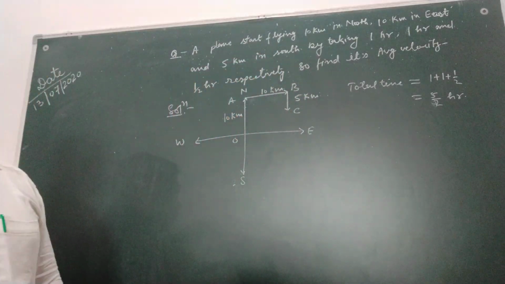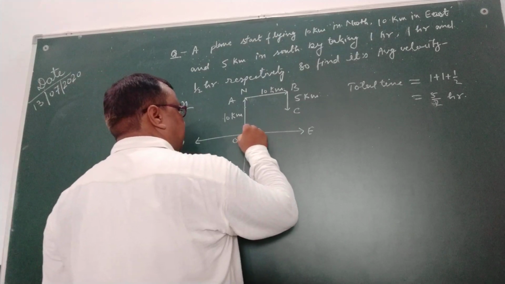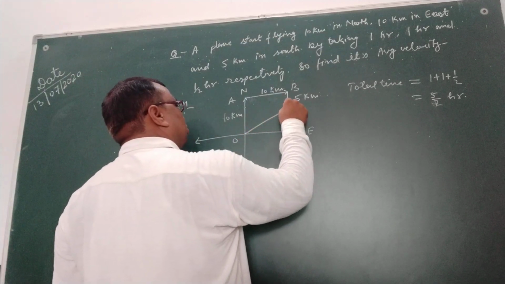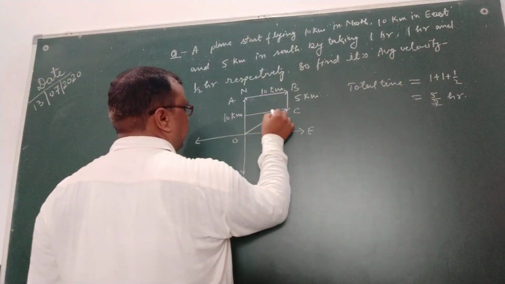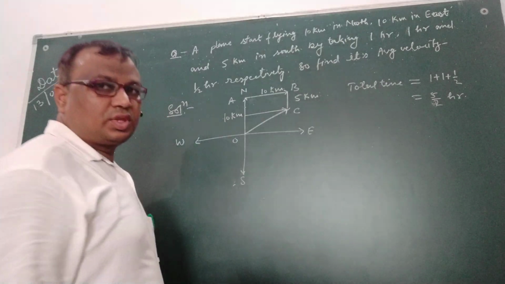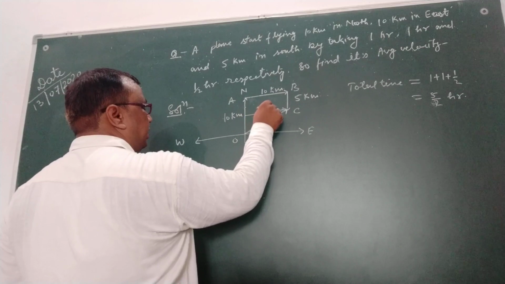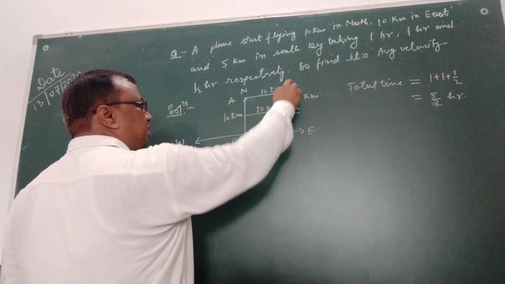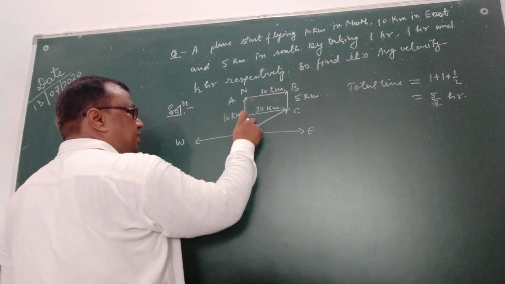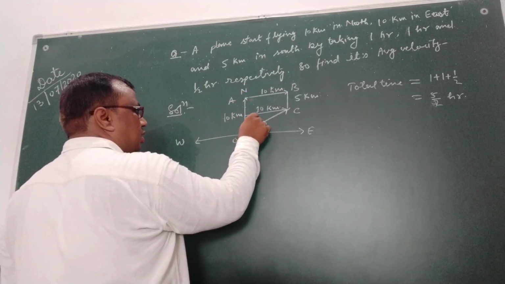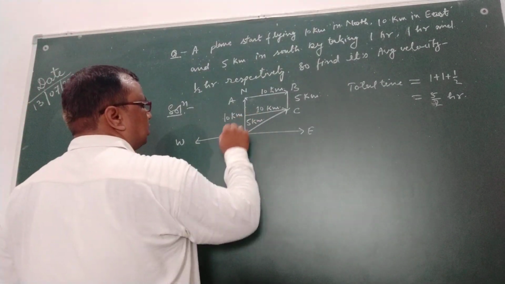Total time is 5 by 2 hour and the total displacement is from O to C. If we draw a parallel line, if 10 km is here, it is also 10 km. If 5 km is here, it is also 5 km, so 10 minus 5 is 5 km. And let it be point D.